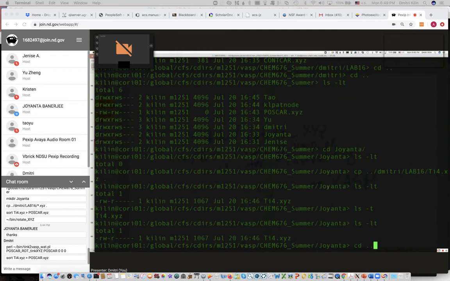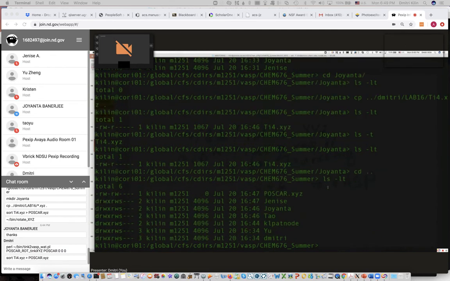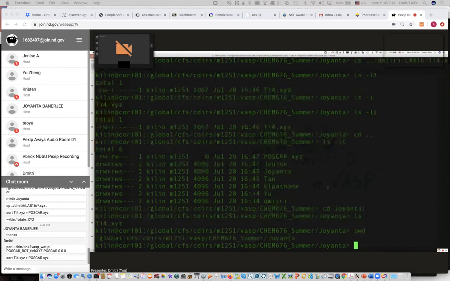Previously I put scratch here, not here. I have to just put cd Jayanta, then go to here and then pwd, right? So if you type pwd, what do you see now? Just summer Jayanta.